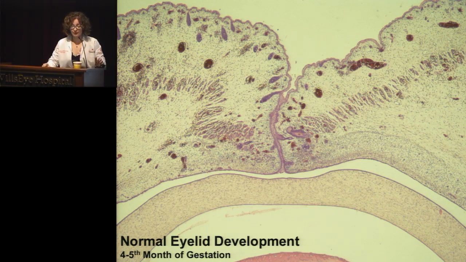So to appreciate what happens pathologically in the syndrome, you really need to appreciate normal development of the lids. Okay, so that's what happens during the 4th to 5th month of gestation. As you know, the eyelid folds form, and then they come and fuse together, right? And then they slowly separate around the 5th month.